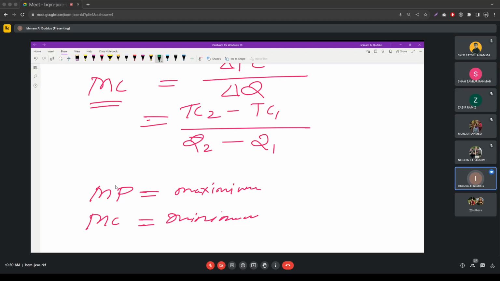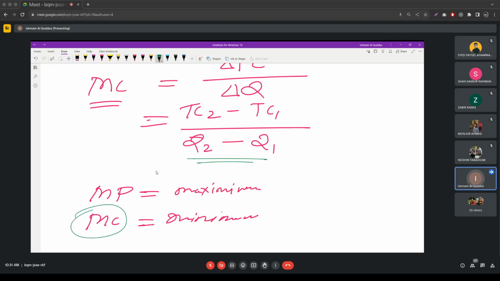Very good. Exactly. So MP maximum means highest productivity, right? So when we say maximum productivity, that means you're producing the most quantity with the resources that you have, like with the labor number that you have. Now, if you're producing the maximum quantity level, here the del Q, as he rightly stated, would be the highest.